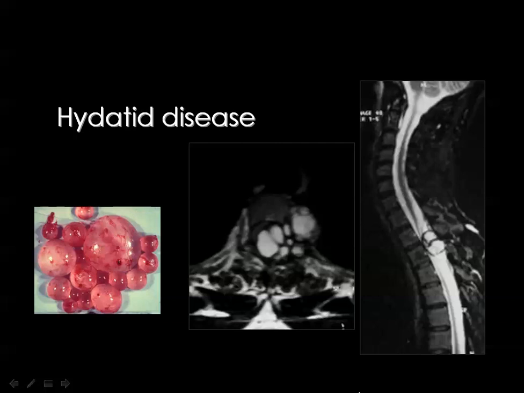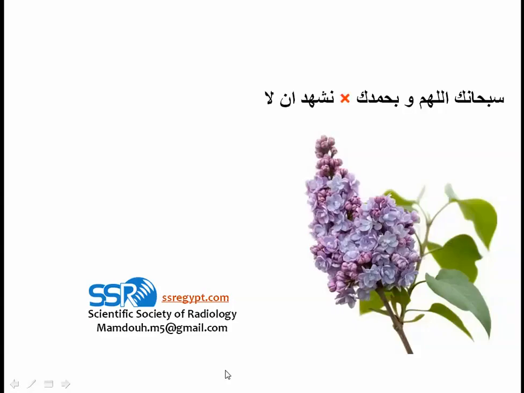And this is also a suggestive appearance of hydatid disease. There are multiple cystic lesions of high signal T2 content in the paravertebral area as well as inside the spinal canal, and these features, as I have said, usually suggest the possibility of hydatid disease of the spine.